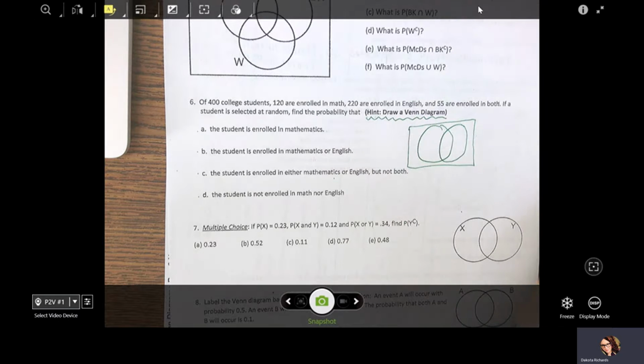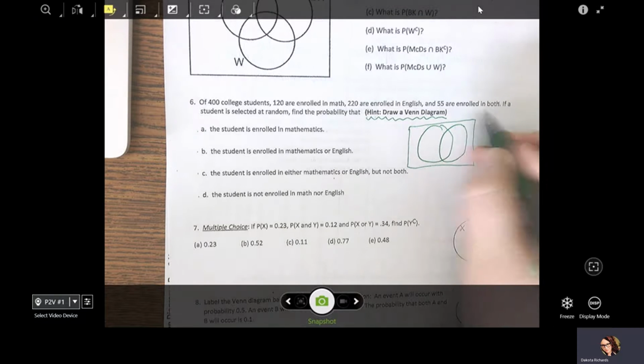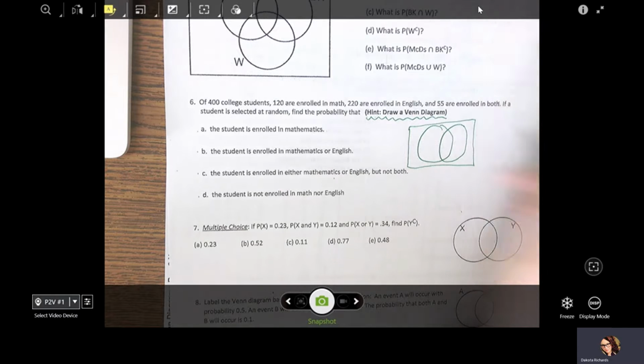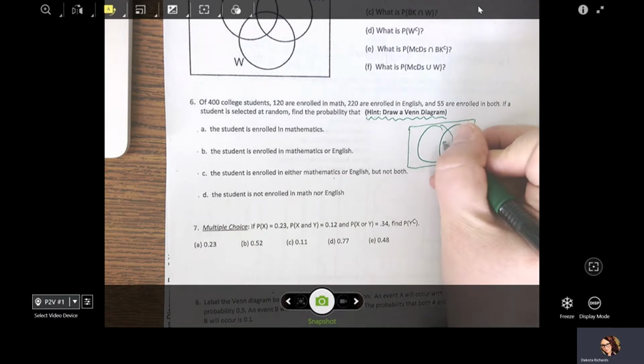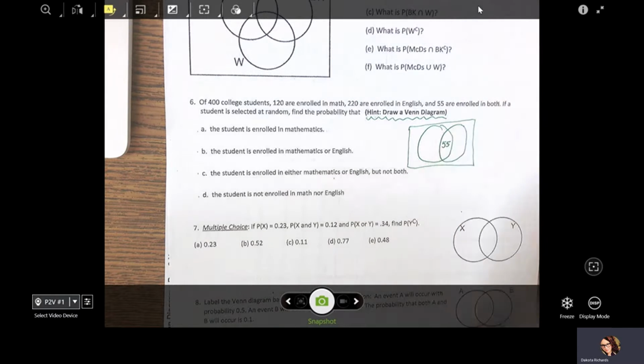Okay, so whenever you're doing Venn diagrams, you always want to start with this overlapping section, what the events have in common. So on this question, it says that 55 are enrolled in both. So that's going to be what they share, that 55.